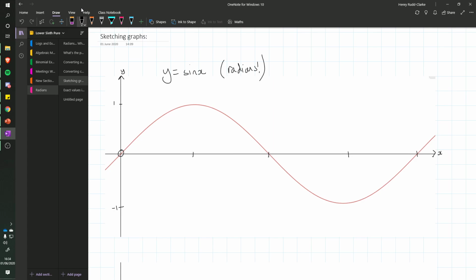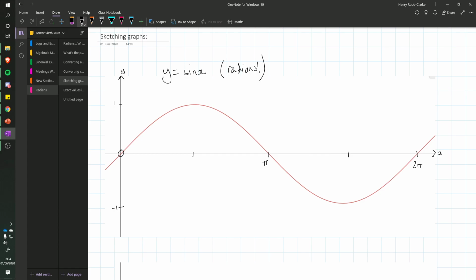All we're going to do is think, what does this graph normally look like in degrees? Let's say the point on the very far right, this point here, is 360. But we're doing this in radians, so now it's actually 2 pi. We've stretched it down to be 2 pi. Similarly, the middle point is normally 180, so now it's going to be pi, because that's what it is in radians.